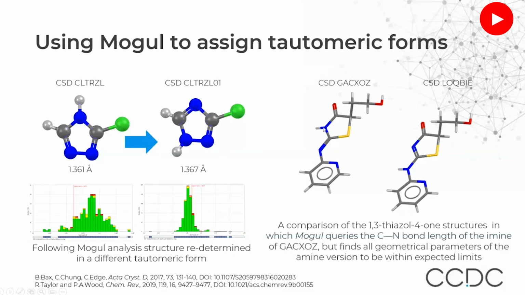But if you look a bit closer, you can see the bonds are different. So you can see a double bond here or a double bond here. And a comparison in Mogul that queried the CN bond length finds that all geometrical parameters of the amine version to be within the expected limit.